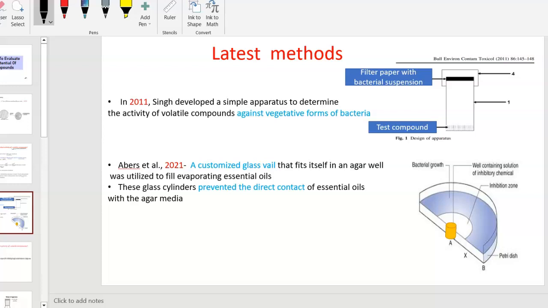However, again this method has its own disadvantages: you can't predict the minimum inhibitory concentration, and you can't employ this method for antifungal activity evaluation. Also, another important disadvantage is that you are doing this using a regular petri dish, where the space for the distribution of the volatile compound is limited, so you can't actually predict the activity of the volatile compound, right?